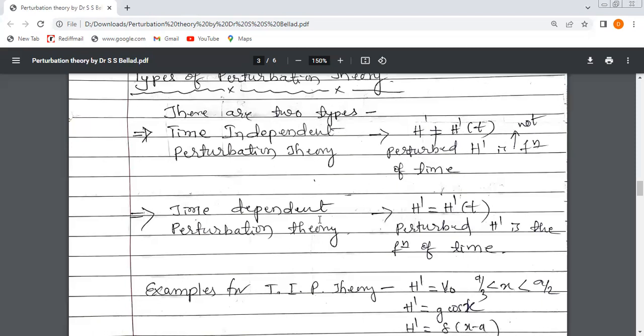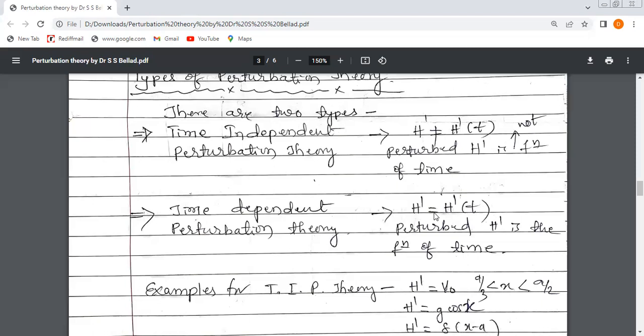In time-dependent perturbation theory, this H dash, the Hamiltonian of the perturbed system, depends upon time, and hence it is called time-dependent perturbation theory.